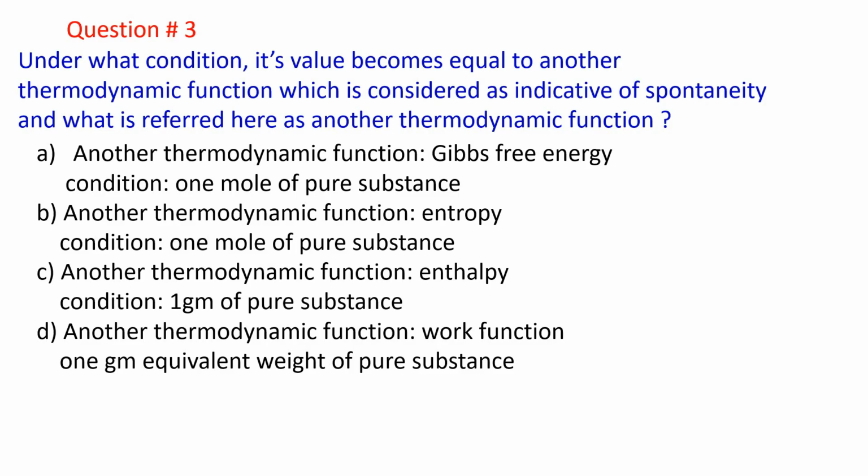Option B, another thermodynamic function is entropy and the condition is 1 mole of pure substance. Option C, another thermodynamic function is enthalpy and the condition is 1 gram of pure substance. And option D, another thermodynamic function is work function and the condition is 1 gram equivalent weight of pure substance.